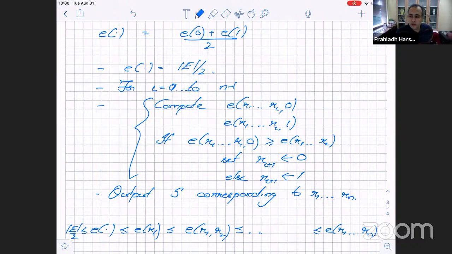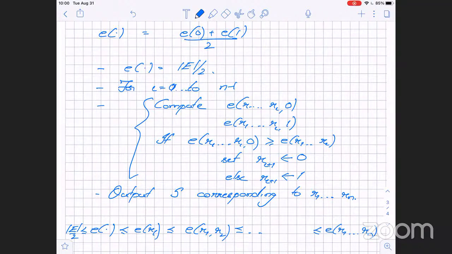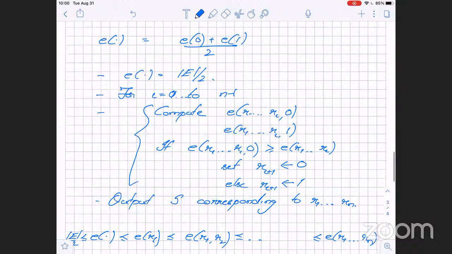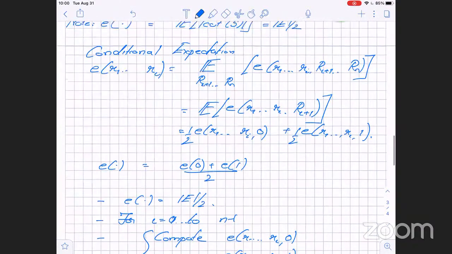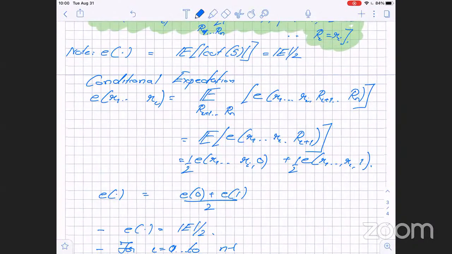Ishan, what was your question? I was just confused, I think I still haven't got it. Maybe can you scroll up a bit? Sure. So we define the small e of R1 to Ri as this expectation over the coins Ri plus 1 to Rn.